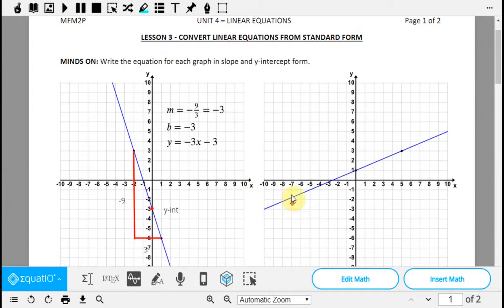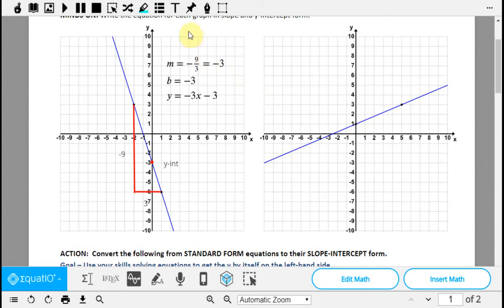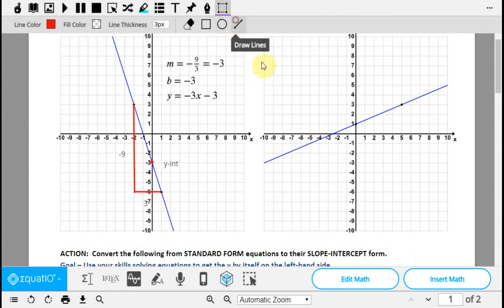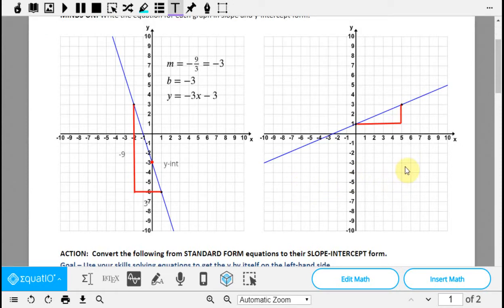Coming over to the second line, once again, I'm going to draw my rise and my run. Labeling my run and my rise.